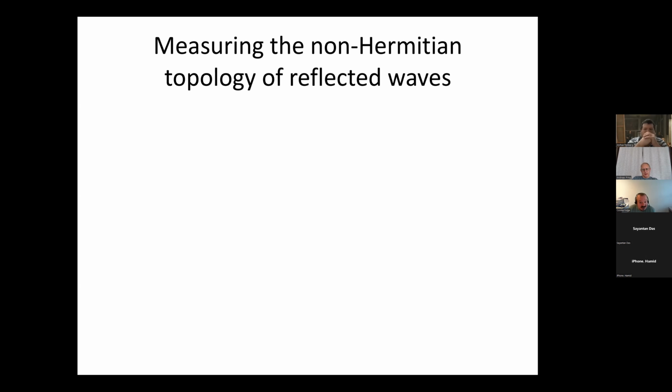Now I'm a theorist, and usually you should be extremely suspicious when a theorist tells you that something is realistically possible in the lab. Usually you shouldn't ask theorists about that. But still, my claim is that these things can be measured in the lab. And the reason why I say that is these things have been measured in the lab.